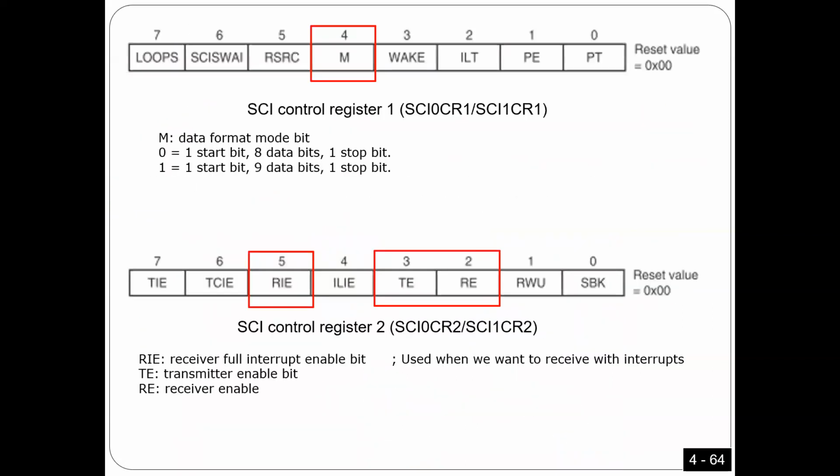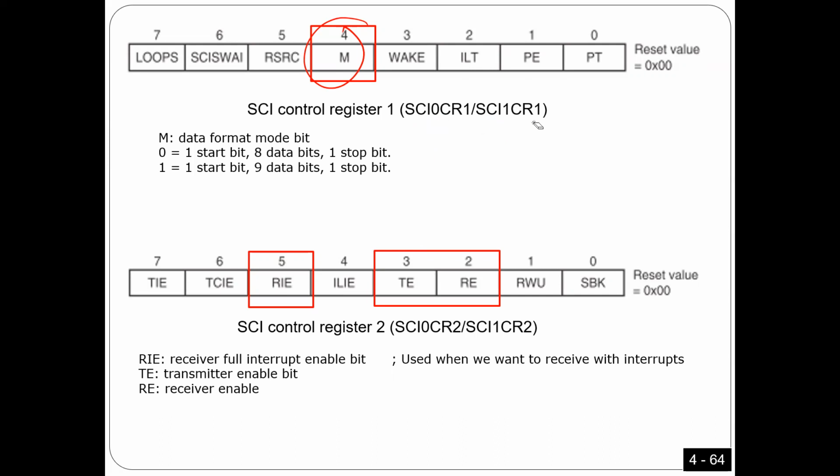Great. What other configuration do you have to do in order to be able to use the serial communication? We have this bit, guys, in this register. Again, you can see every register, we have two of them: one for serial communication 0, and one for 1, because as I said, we have 2 interfaces.